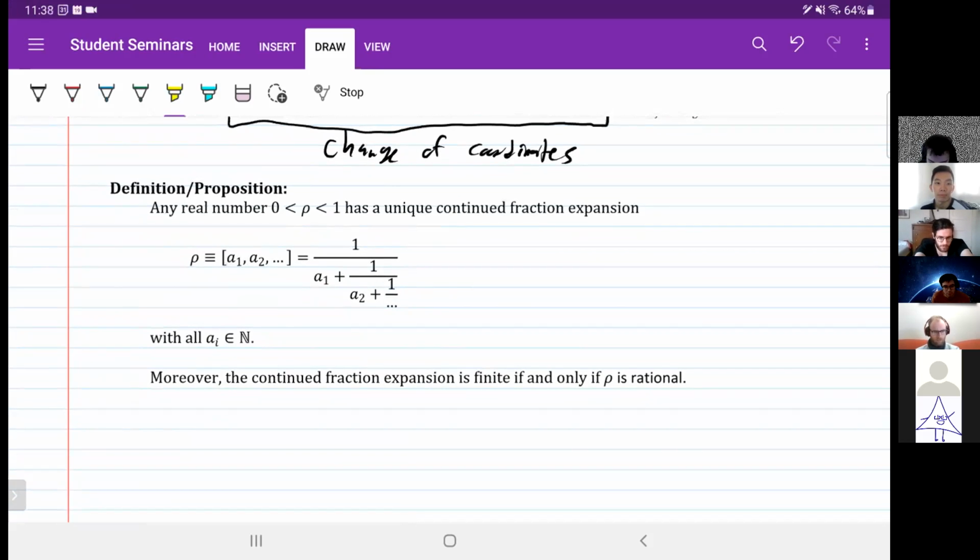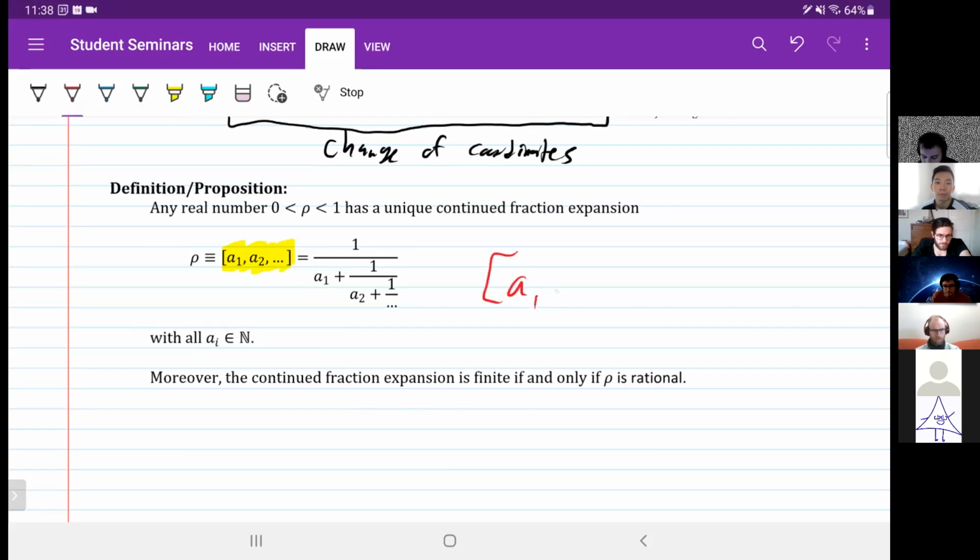So I write a number as [a1, a2, ..., an] in brackets to mean that its continued fraction is 1 over a1 plus 1 over a2 plus 1 over an. And this continued fraction expansion is finite if and only if rho is rational. If rho is irrational, it goes on forever. If rho is rational, it stops.